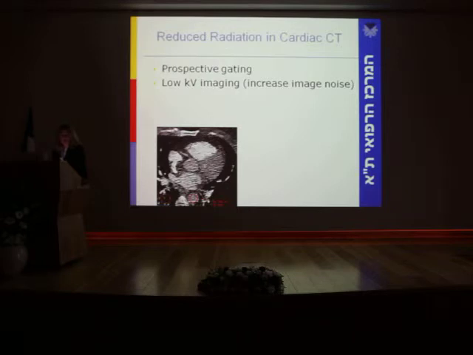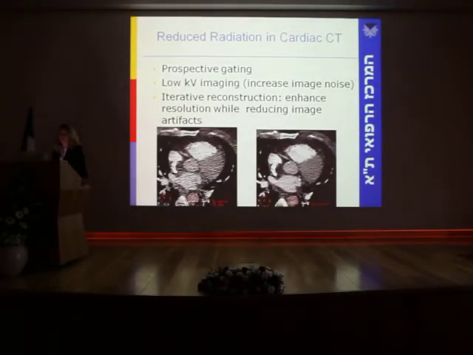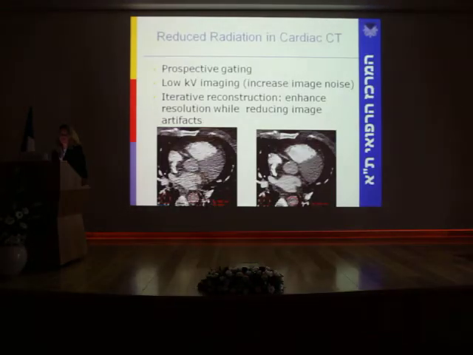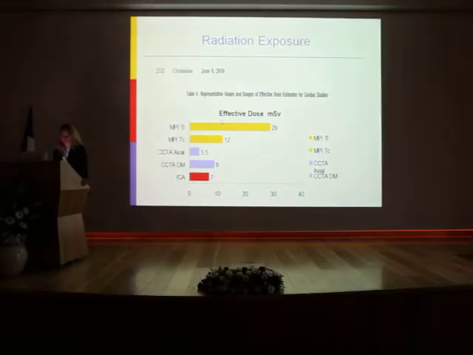To overcome this noise, we now have the iterative reconstruction algorithm, which is a way of reconstructing the imaging using statistical models which throw out those pixels that represent artifacts and only enhance those that really represent the anatomical image. This is, by the way, used for every chest imaging protocol, including pulmonary CT angiography, if the scanner has this technology.